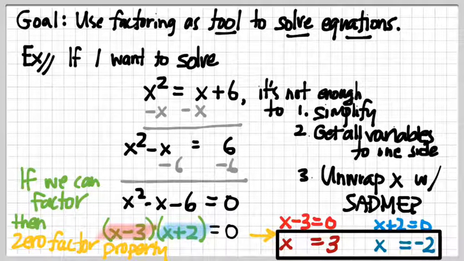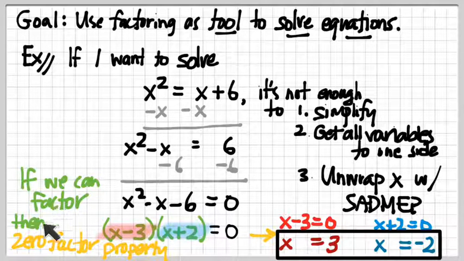The hard part of this process, though, is that it really relied upon us being able to do this. Being able to go from this expression, which has a bunch of unlike terms that we can't do anything with, and then reinterpreting that as a product. Factoring it into a product of one expression times another expression, and because a product is equal to 0, we can split that product into two pieces and solve each one of those simpler pieces separately.